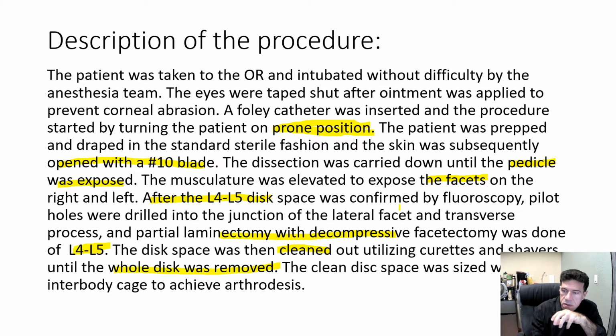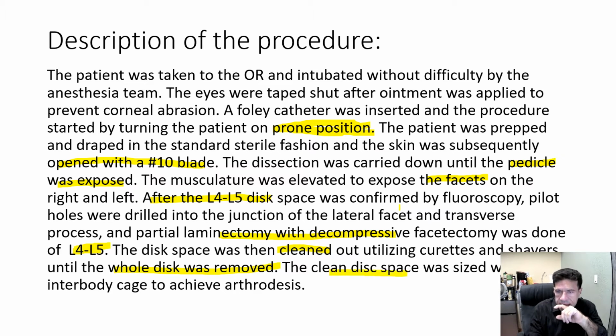Why resection? Because they remove the whole body part. When the whole body part is removed, you call it resection. If a portion of the body part is removed, then you call it excision. So in this case, the whole disc was removed using rongeurs and curettes.